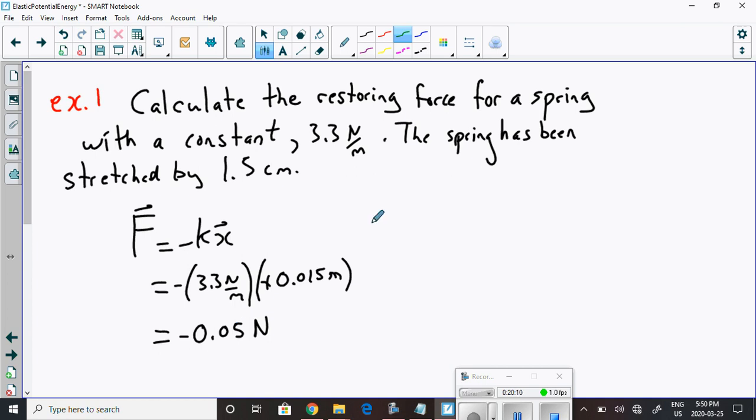Now let's say that the spring started at the rest position, and this 1.5 centimeters is as far as it possibly was going to be stretched in this situation.